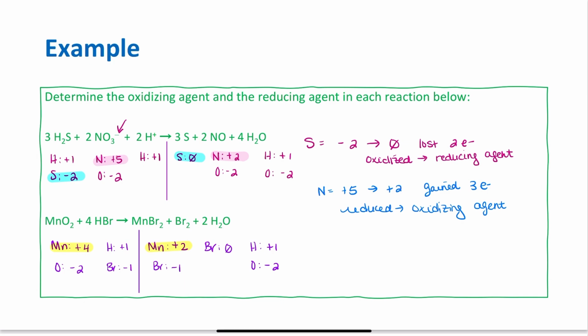Hydrogen +1, +1, nothing happened there. Oxygen -2, -2, nothing happened there. Bromide -1, -1, looks like nothing happened, but then I see this bromide here at 0. So some of it stayed the same oxidation number, but some of it did change as well.